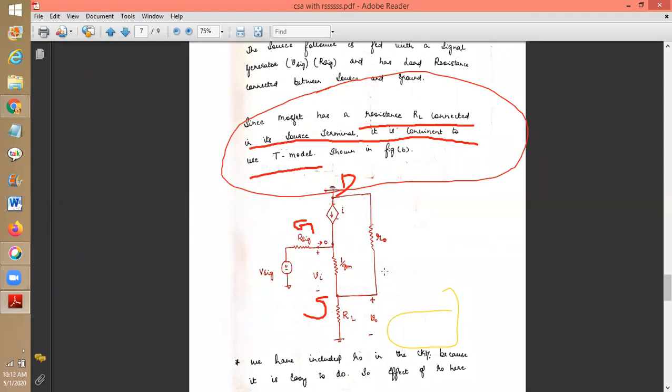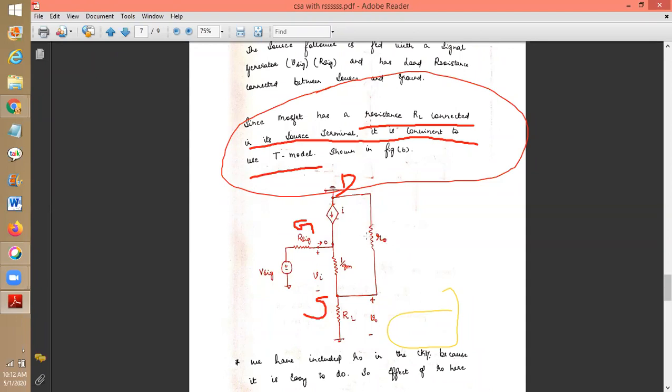So they have not included it. But here, just as an example, they have considered this R0, because the analysis is easy here.